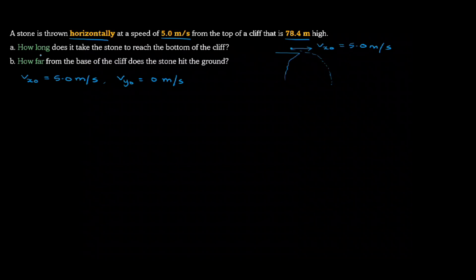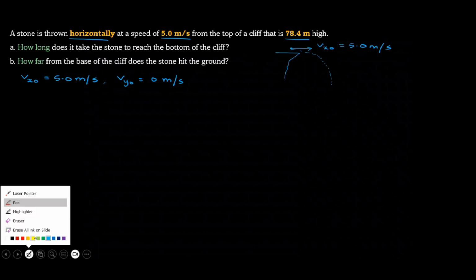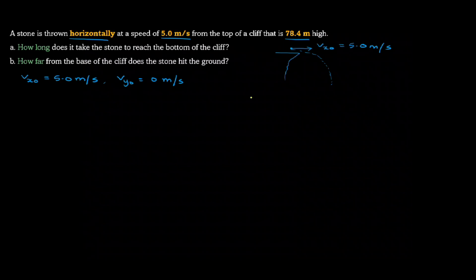We need to find in the first part how long does it take for the stone to fall from the cliff. Now again we will be using the equation of motion to calculate the total time of flight. We are going to use the equation along the y-axis.